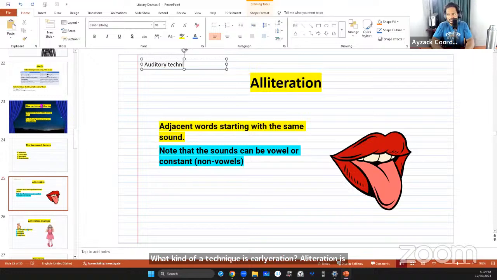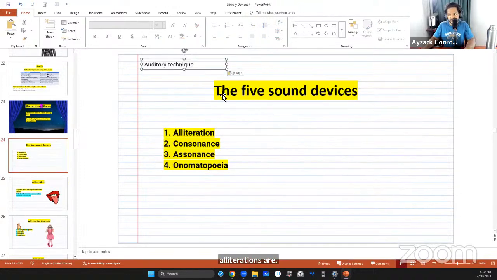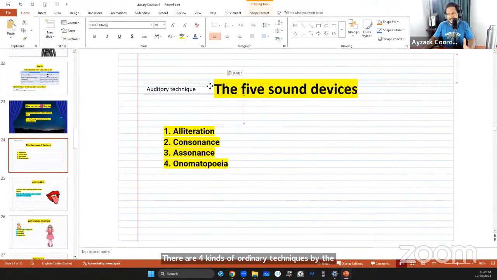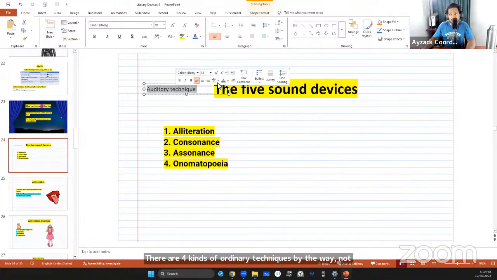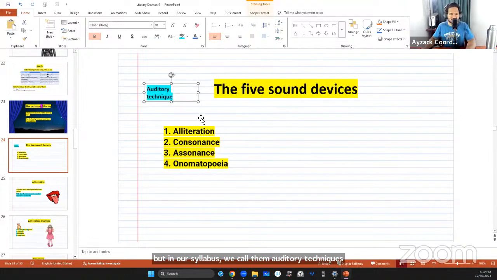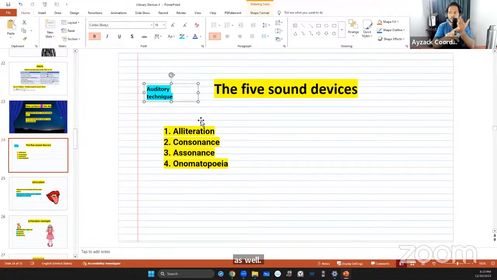There are 4 kinds of auditory techniques, by the way. These are called sound devices, but in our syllabus, we call them auditory techniques as well. If you guys don't know, you can write this down. We have alliteration, consonance, assonance, and onomatopoeia. These are the 4 auditory techniques.